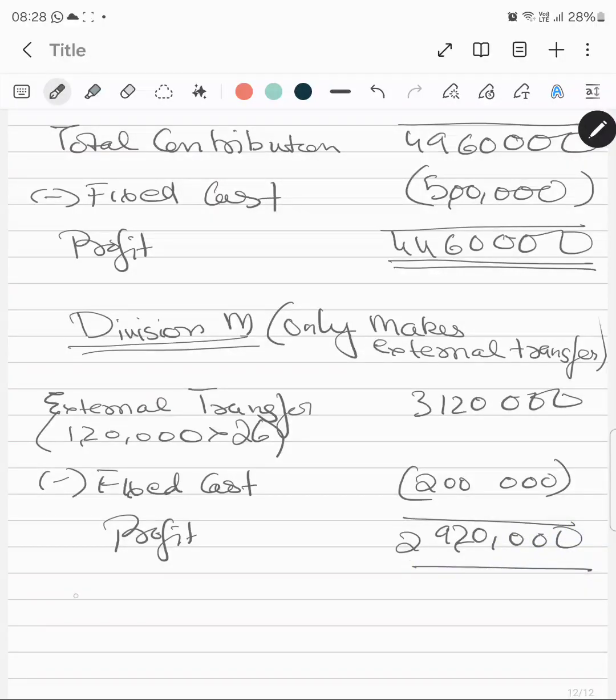So how much profit is the group making? Two million 9,20,000 plus 4,460,000. So it's 7,380,000.